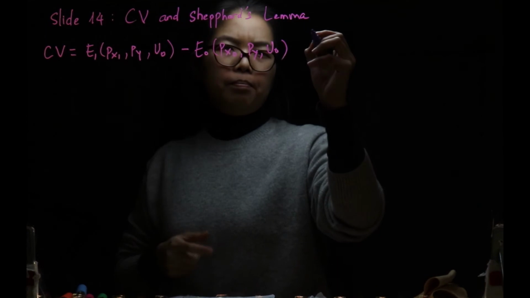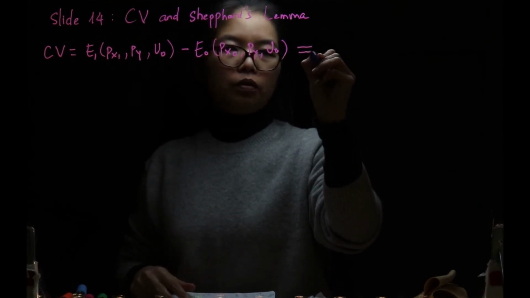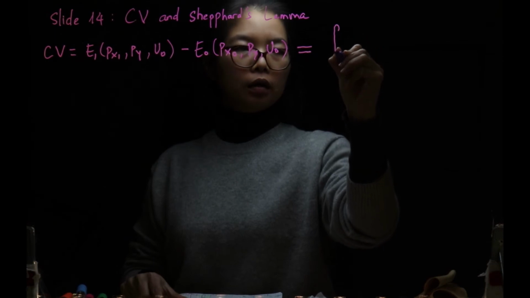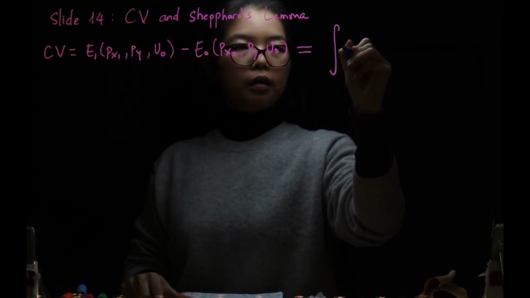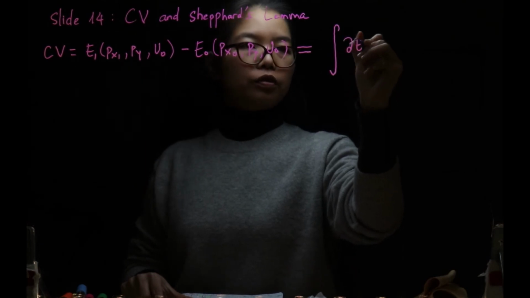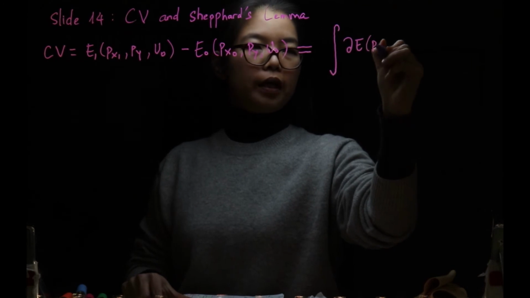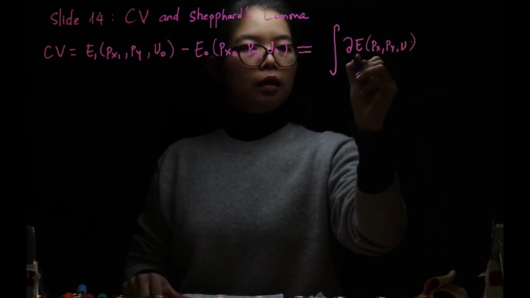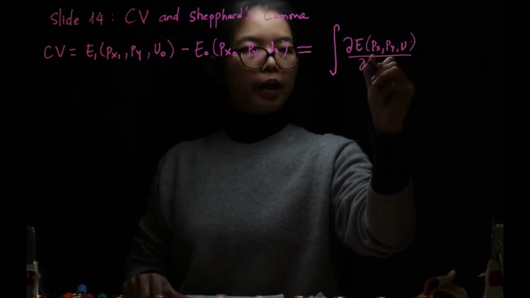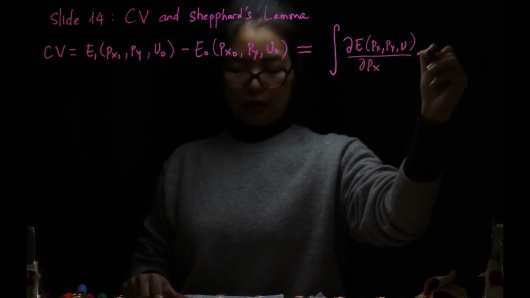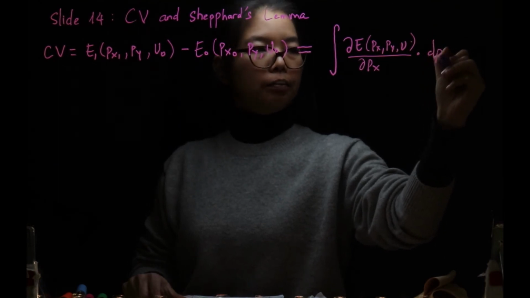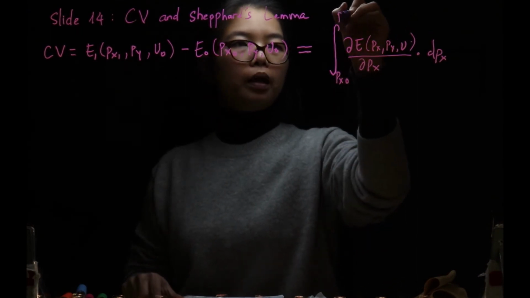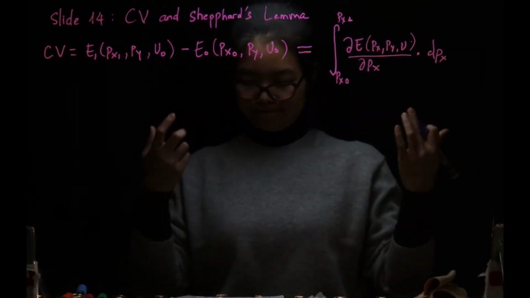In mathematical terms, that is equivalent to the integral of the derivative of the expenditure function e(px, py, u) with respect to px, when px changes from px0 to px1.